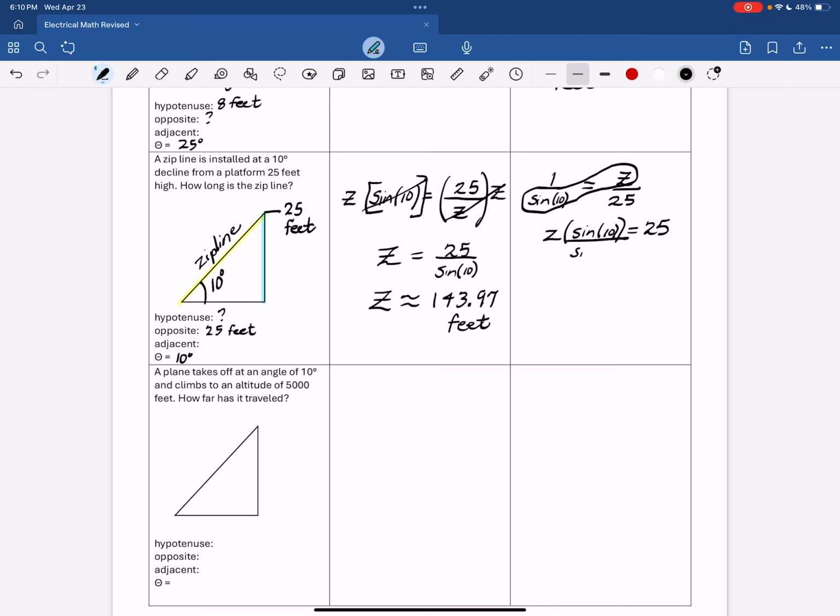Then we have to divide out that sine of 10. So z is still 143.97 approximately, using the cosecant function.